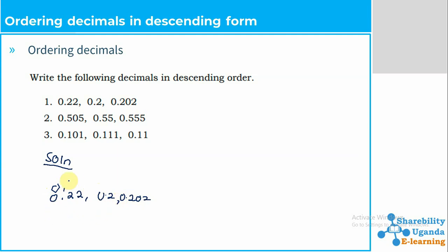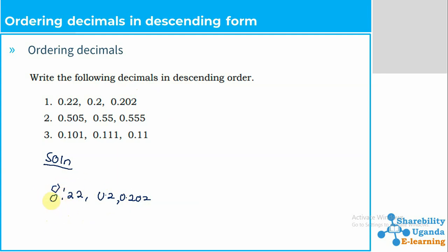Okay, so I want to try out these numbers and arrange them. Write the following decimals in a descending order. So now here we have to write them in a descending order from the biggest to the smallest. So now here we have to solve them and we see which one is the biggest.